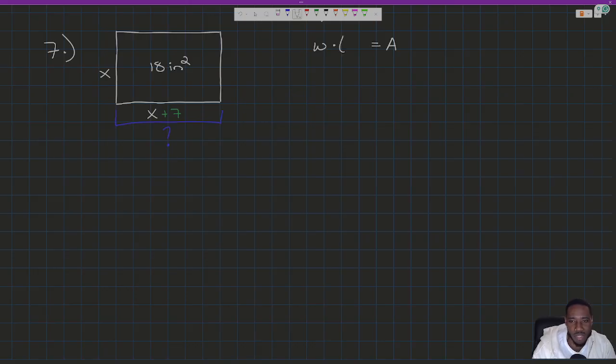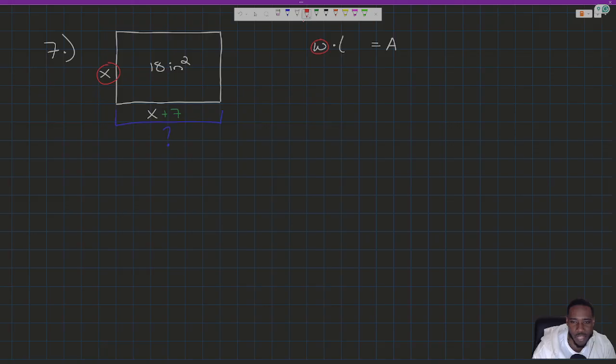So area is equal to length times width. We know our width for this is x. So maybe I'll color code this. And we'll say our length is what's in blue there.